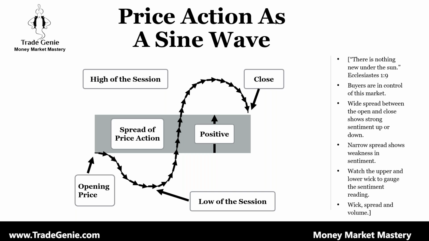If you take a computer printout of all the transactions, let's say 100 shares at this price, 200 at this price, 300 at this price, it's just a bunch of dots, and they're moving in this pattern. This is the opening price, then it goes and makes some low, then it goes up and closes here, and this is positive because this close is higher than this, so it creates this sine wave, and we call it bullish.